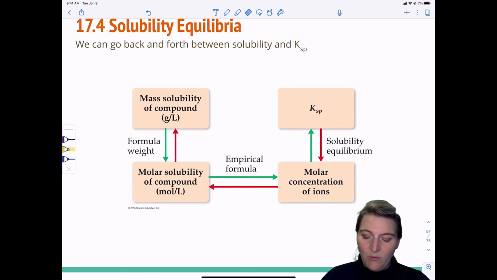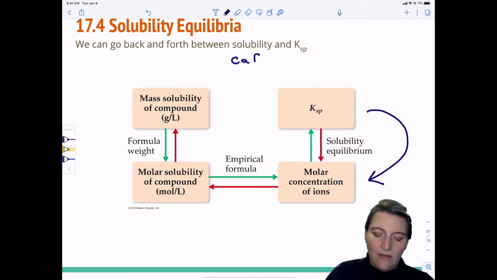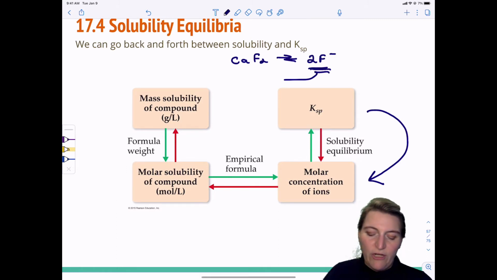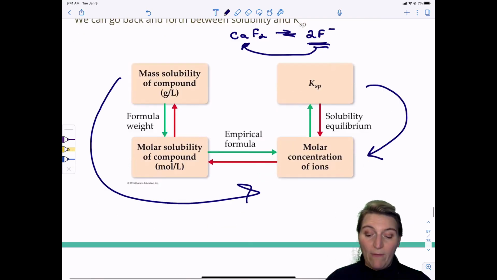Once I have the Ksp, I can figure out, with x's and solving for x, the molar concentration of the ions, and then using the empirical formula, think of this guy, if I know the F- concentration, I can use the fact that 2F- came from 1 mole of the actual ionic compound, and then go back and get either molar solubility or regular solubility, which we usually do in terms of grams. And I can also make this process go the other way as well.